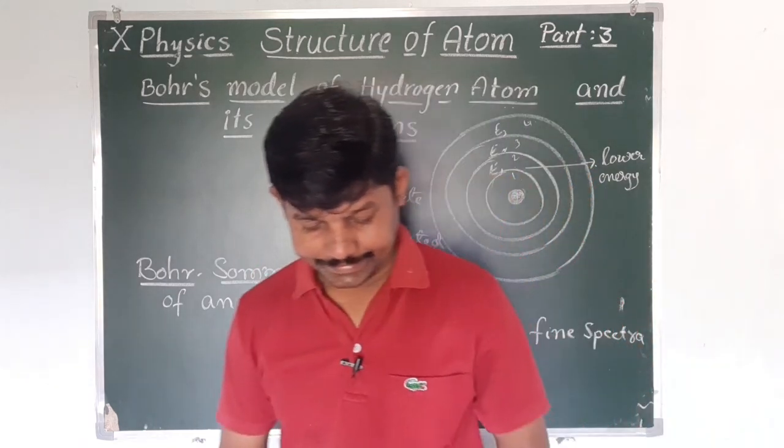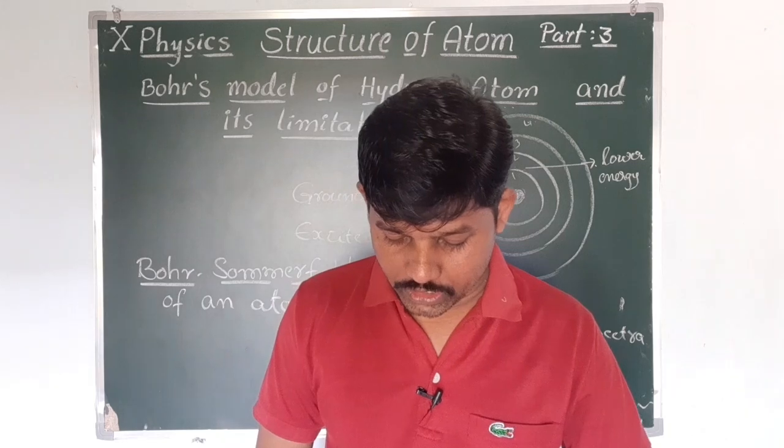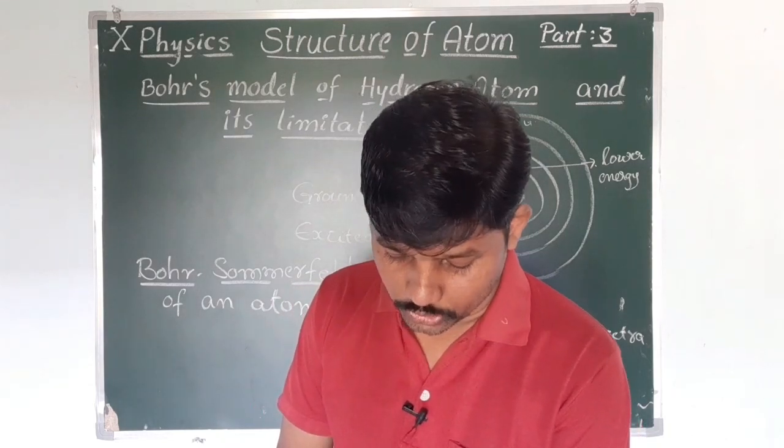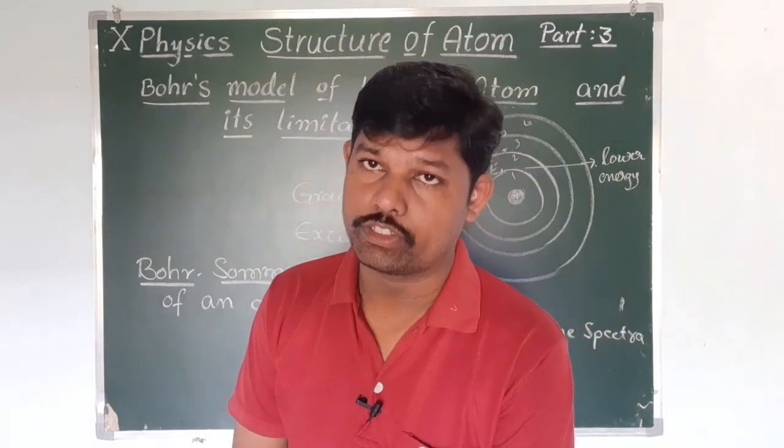So why is the electron in an atom restricted to revolve around the nucleus at certain fixed distances?